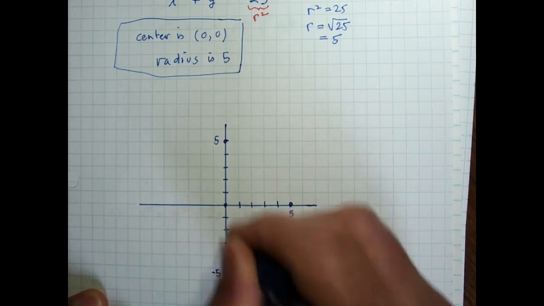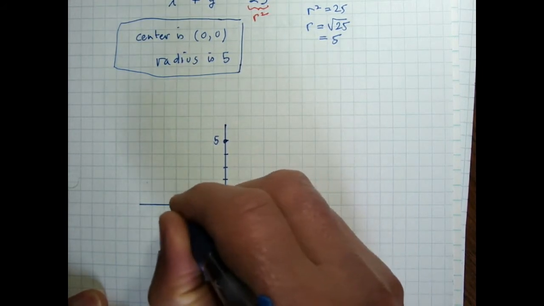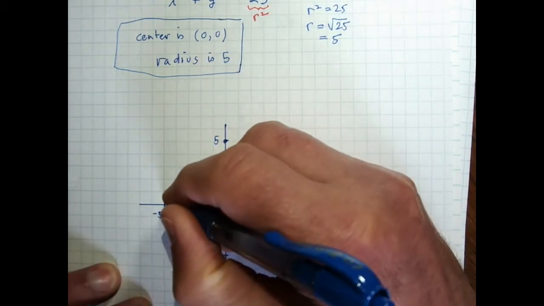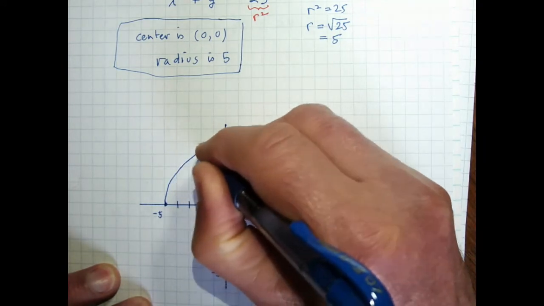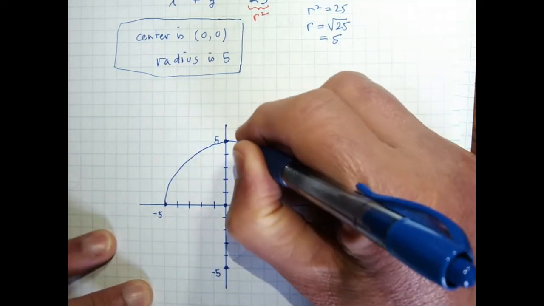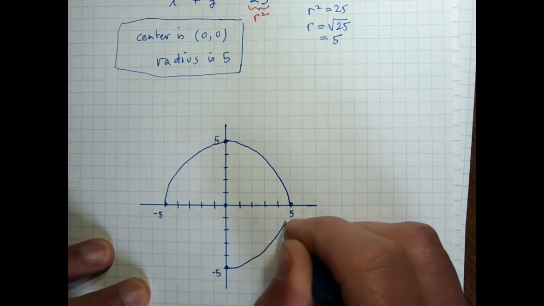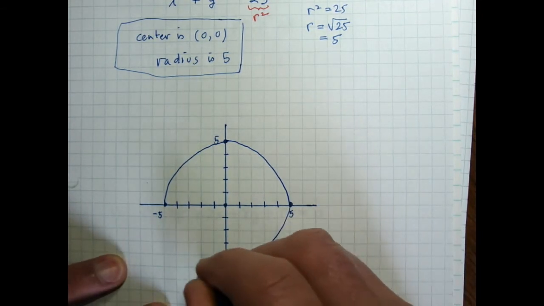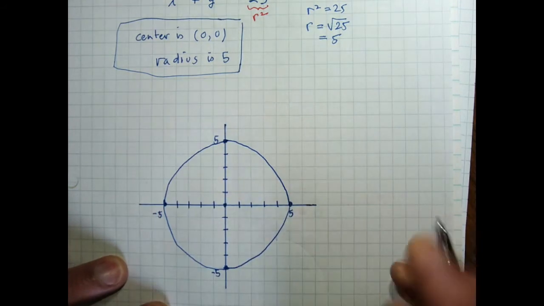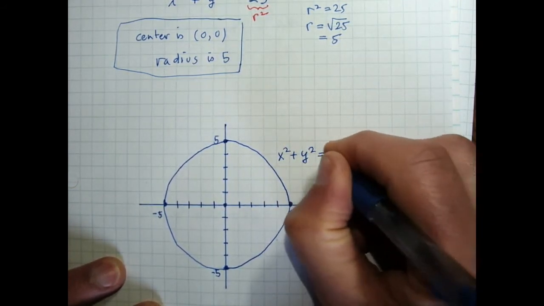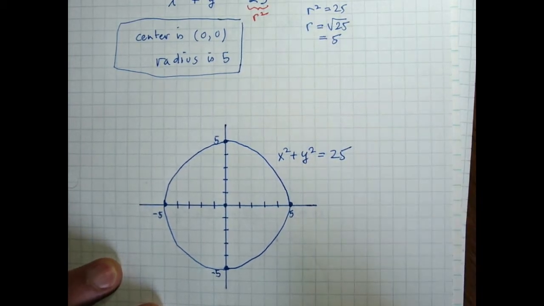So negative 5, negative 5, and try to draw a circle as best as you can. And there's the graph of the equation, x squared plus y squared equals 25.